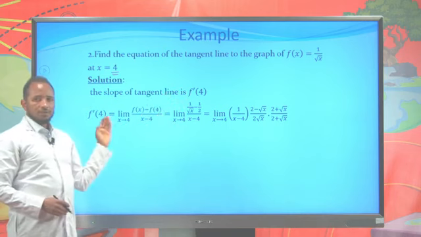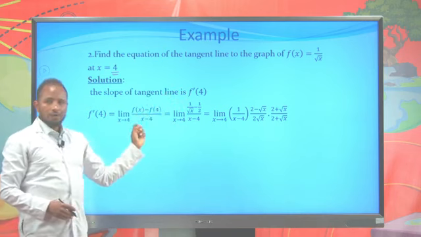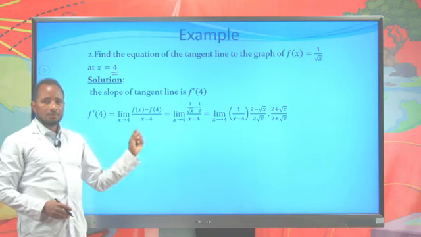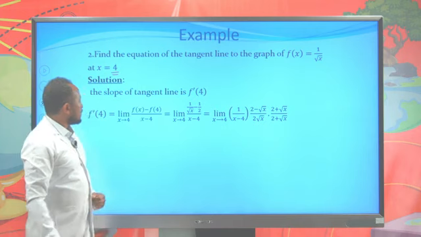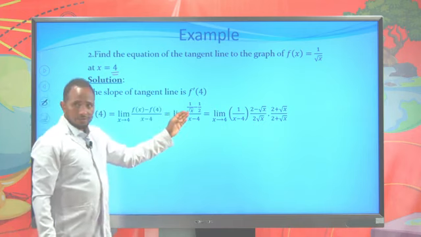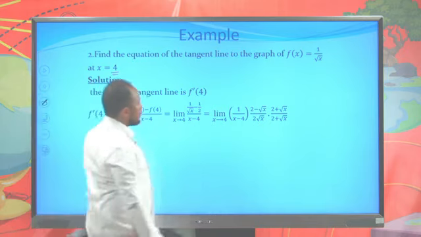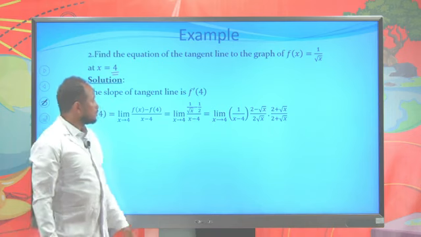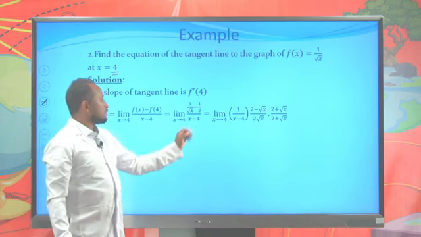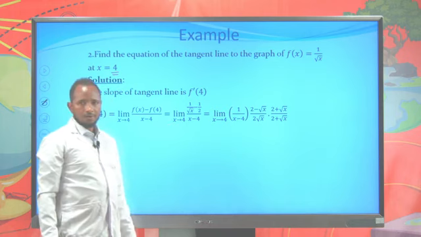The derivative of f at 4 is the limit of f of x minus f of 4 over x minus 4 as x approaches 4. Our f of x is 1 over the square root of x, minus f of 4. When you put 4 in the function, it is 1 over the square root of 4, which is 1 over 2. So we have 1 over square root of x minus 1 over 2, divided by x minus 4.